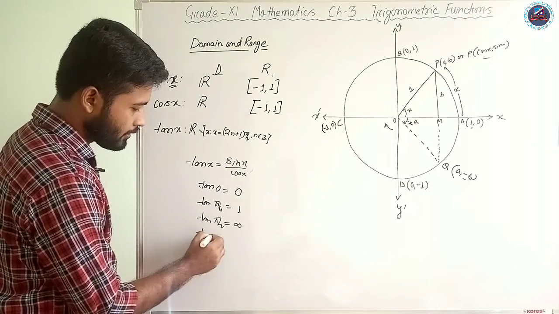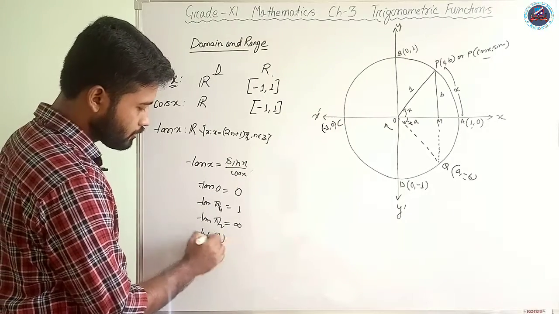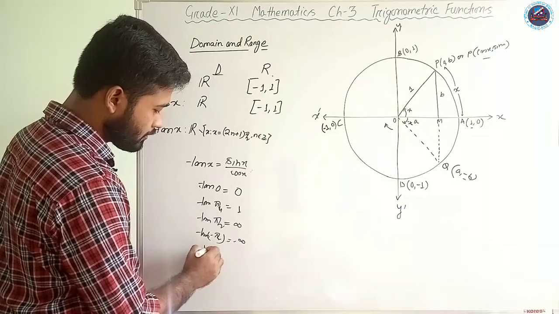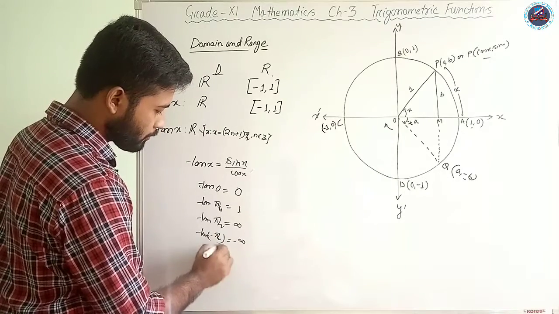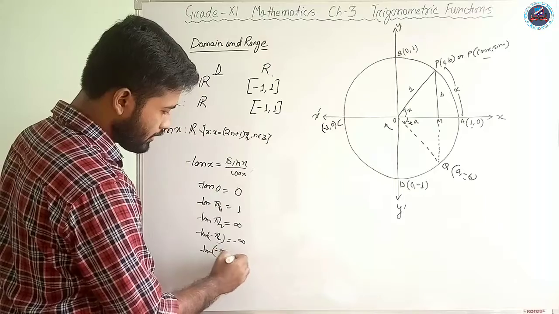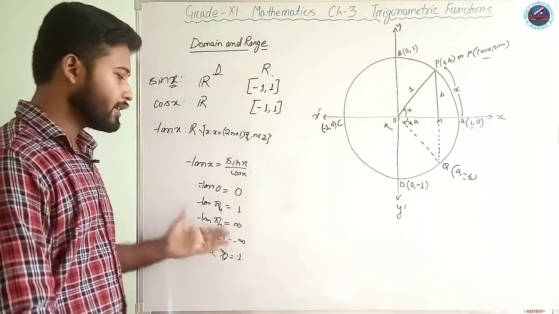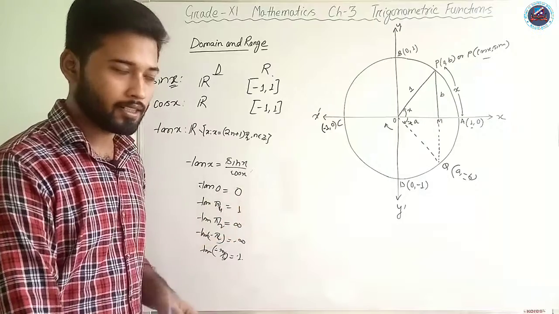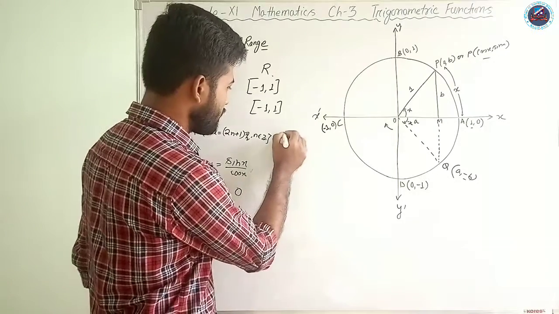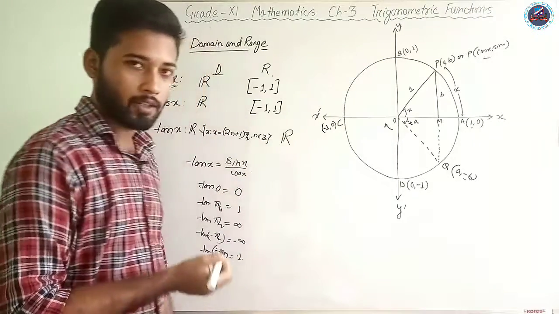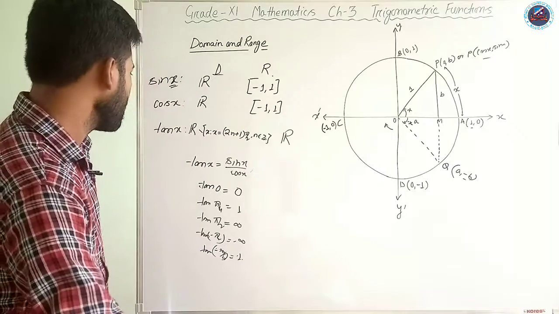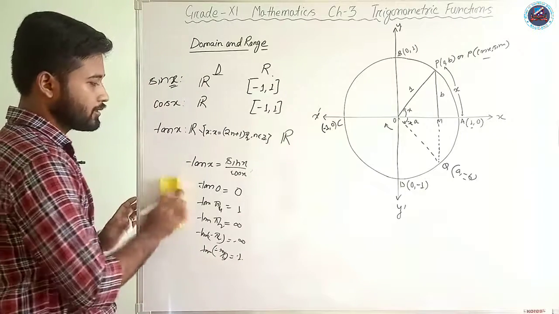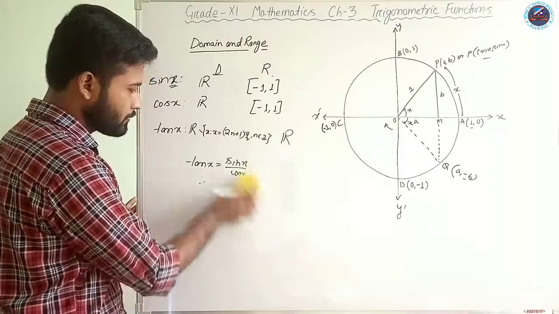Similarly, tan minus pi by 2 is minus infinity, tan minus pi by 4 is minus 1. That means tan is taking all the values from minus infinity to plus infinity. So the range of tan will be the set of real numbers. Okay, now let us see the case of cot.